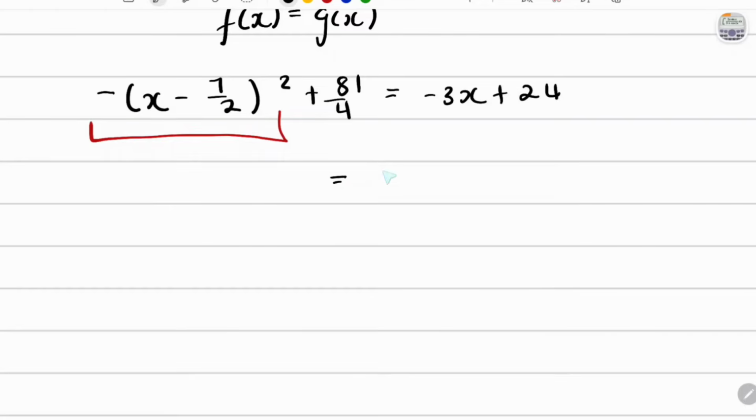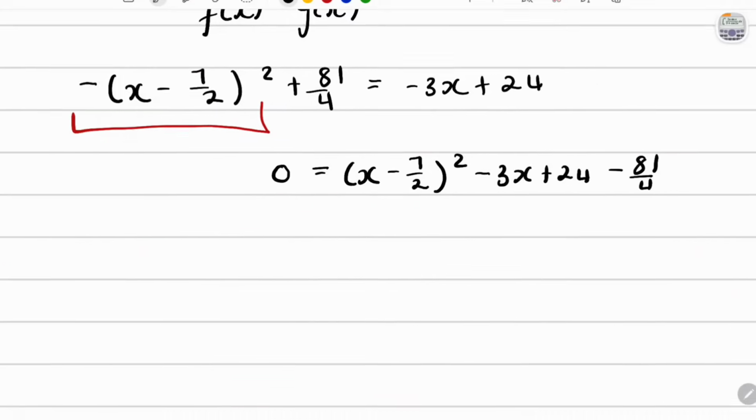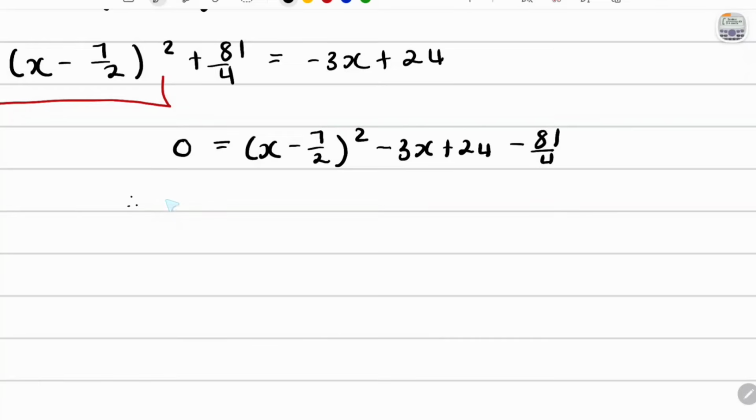So we're going to have positive x minus 7 over 2 squared. And then I'll take everything over here, leaving nothing on this side. On the right hand side, we still have the minus 3x, and then the plus 24, and then this positive 81 over 4 on the left hand side will come over and become a negative 81 over 4. So we just have to simplify this part now.